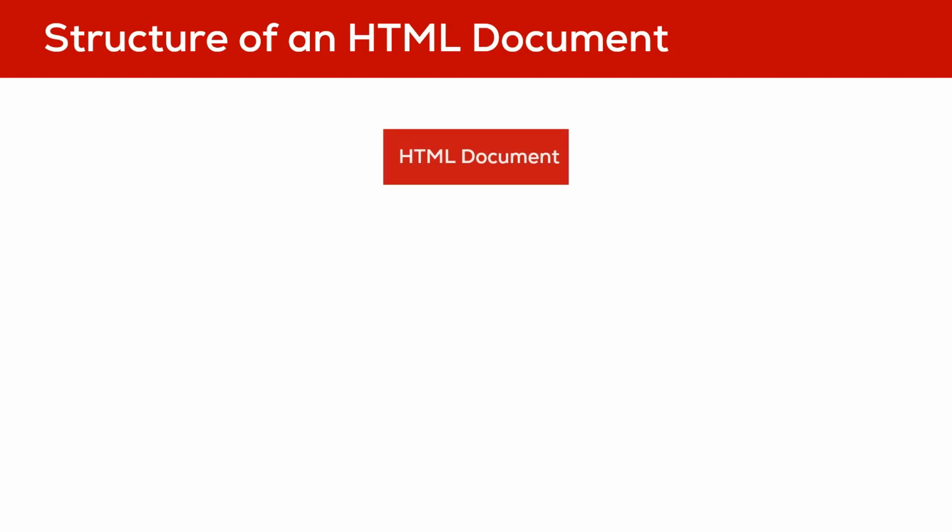So let's see the structure of an HTML document. An HTML document basically consists of two parts: the head and the body.